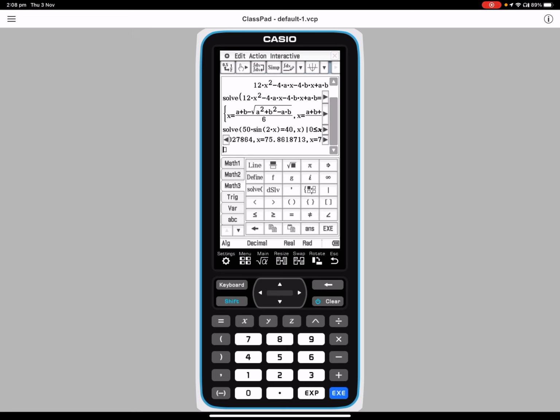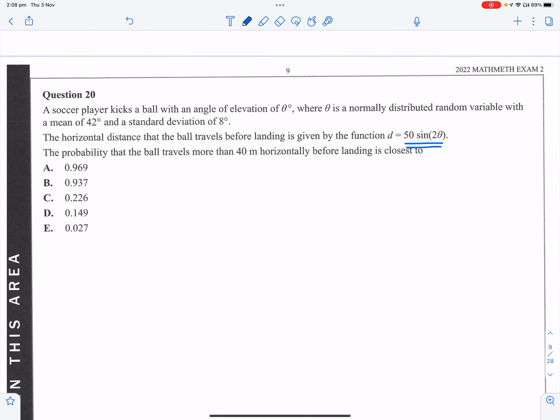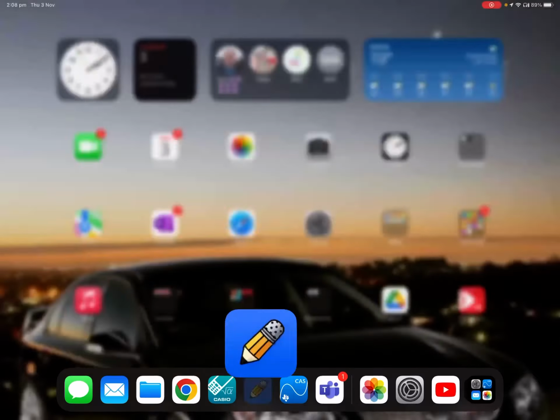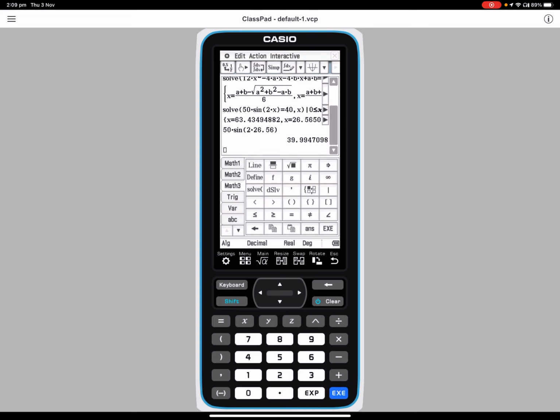What is this? 50 sine 2 theta, where it's in degrees. So if I put 26 degrees in there, 26.56, we get 40 meters.